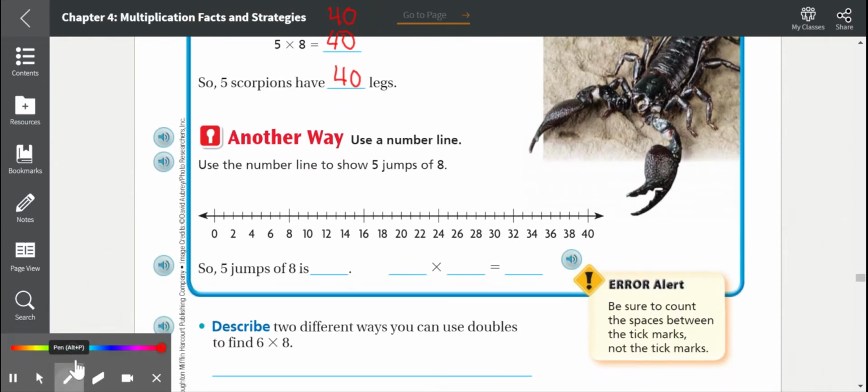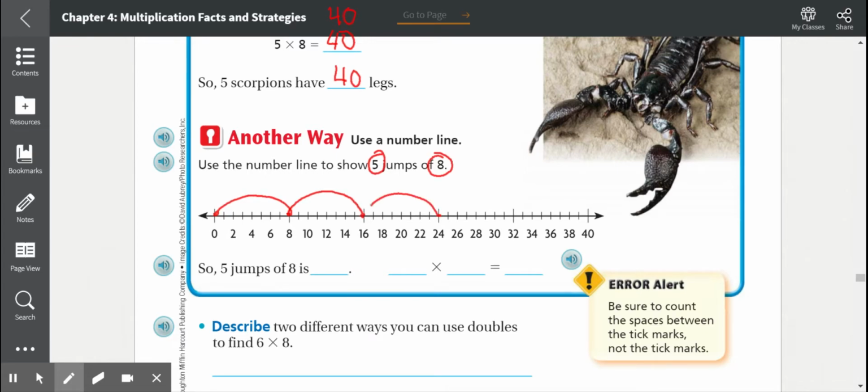Another way to do this is to use a number line. So it'll be 5 jumps of 8 because we have 5 scorpions and they each have 8 legs. So that's 5 jumps of 8. Our first jump is going to go from 0 to 8. Well, 8 more would be 16. Count 8 more: 1, 2, 3, 4, 5, 6, 7, 8, 24.